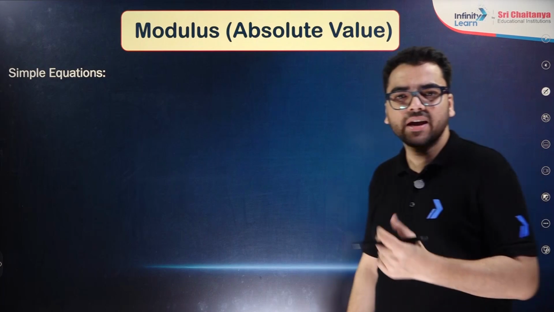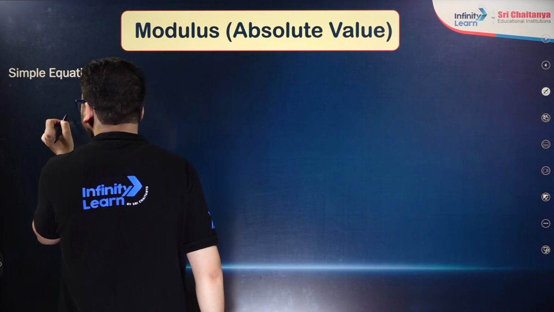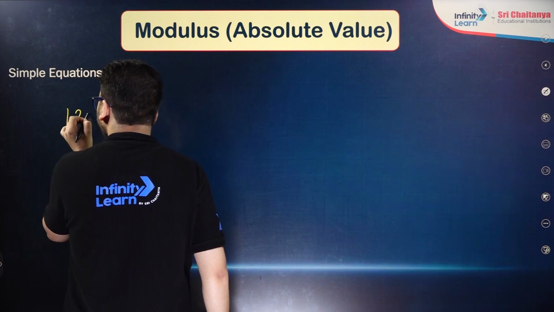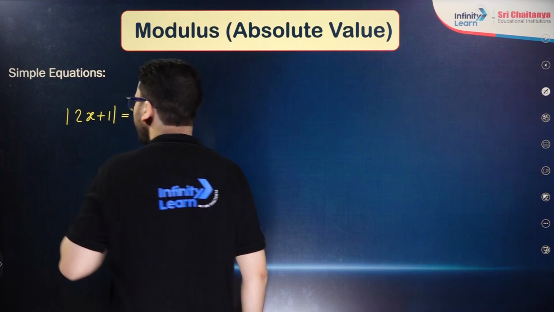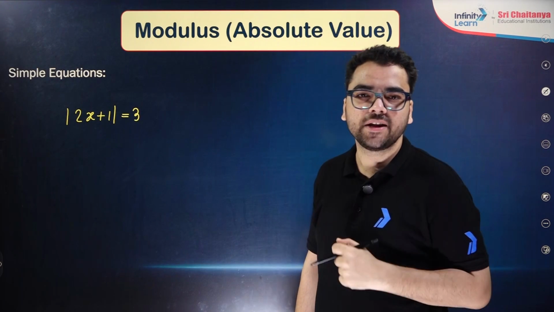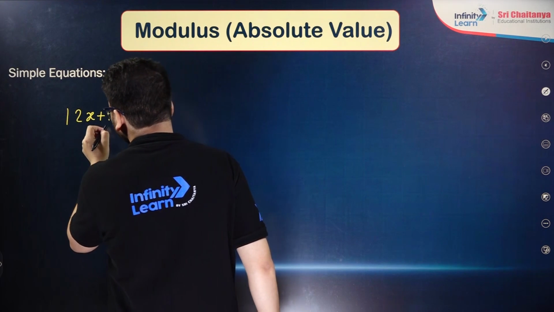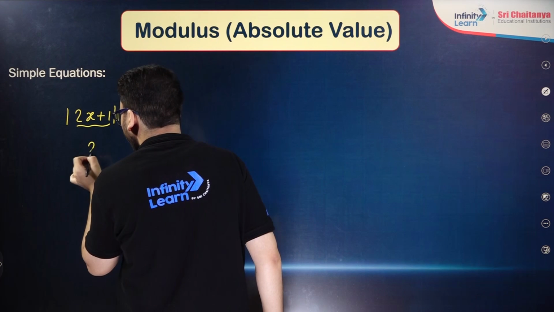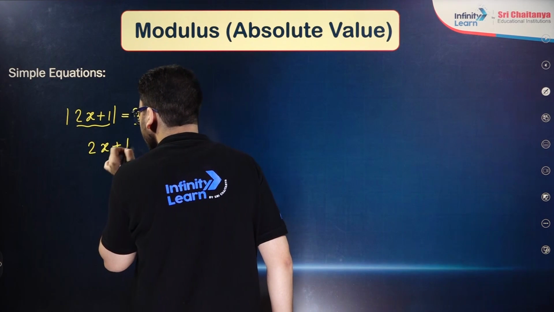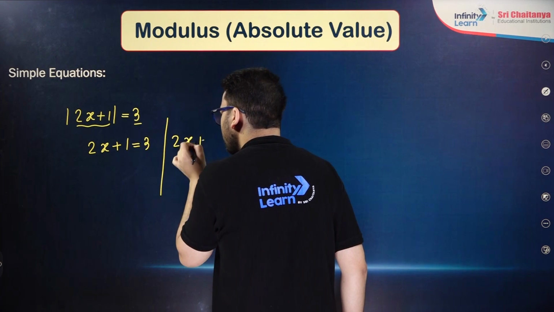Now sometimes they can give you simple equations on modulus. For example, if I give you this thing, suppose modulus of 2x plus 1 is equal to 3, right? So you have to find the value of x. Now you see over here, modulus of something is equal to 3. So can't we say that over here 2x plus 1 is equal to 3 and 2x plus 1 is also equal to minus 3?